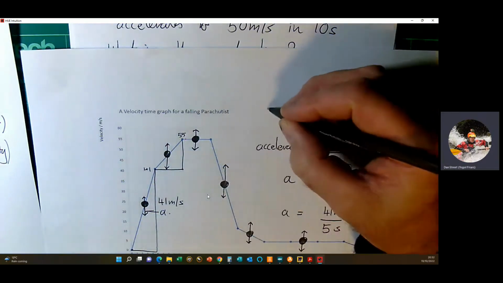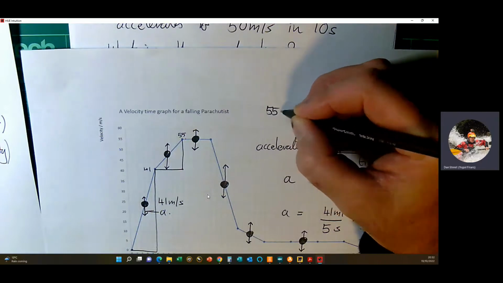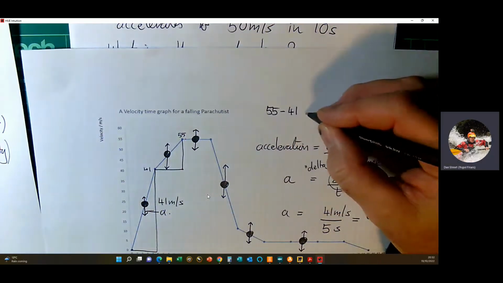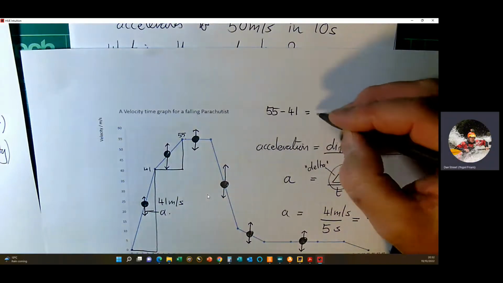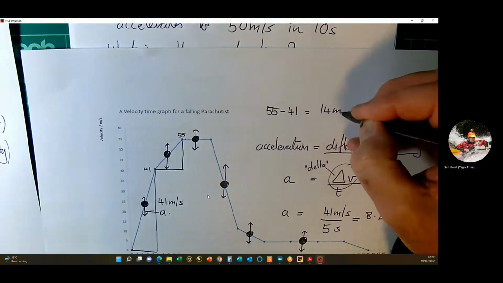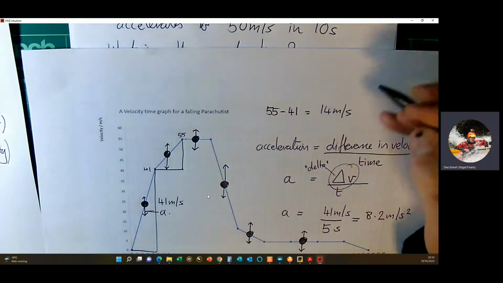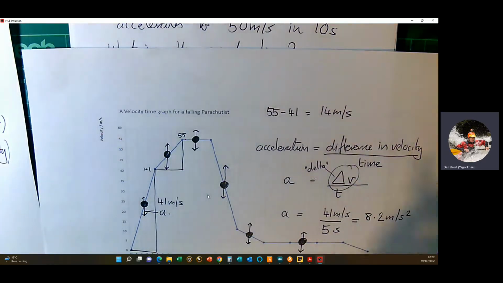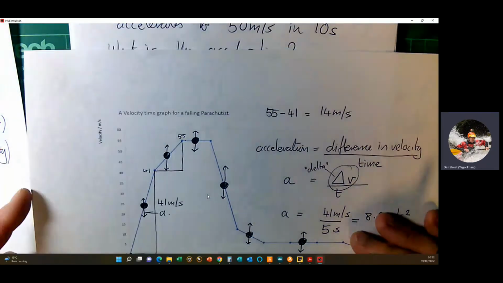And so in this instance, the change is 55, take away 41, okay, which equals 14. So just take care that you are using the right value for difference in velocity, but very often it will simply be the maximum velocity mentioned in the question, because the object will often start from rest. So just be aware of that.